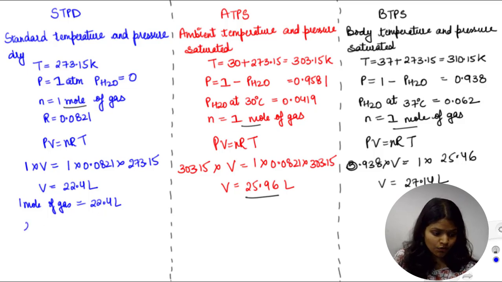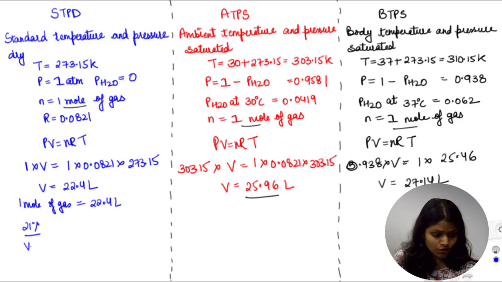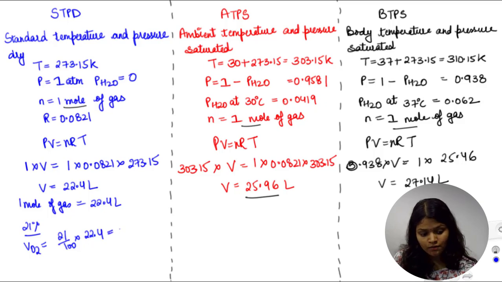In that case, we know the 21% thing. 21% means that it is a volume percent, which means that if you have 100 liters of mixed gas, 21 liters of gas will be your oxygen. So if we want to calculate the volume of oxygen, we can take 21 percent of 22.4 liters, which will come as 4.7 liters.